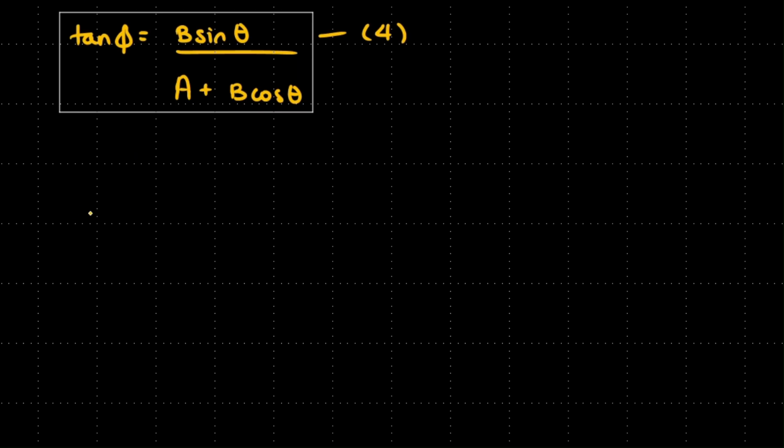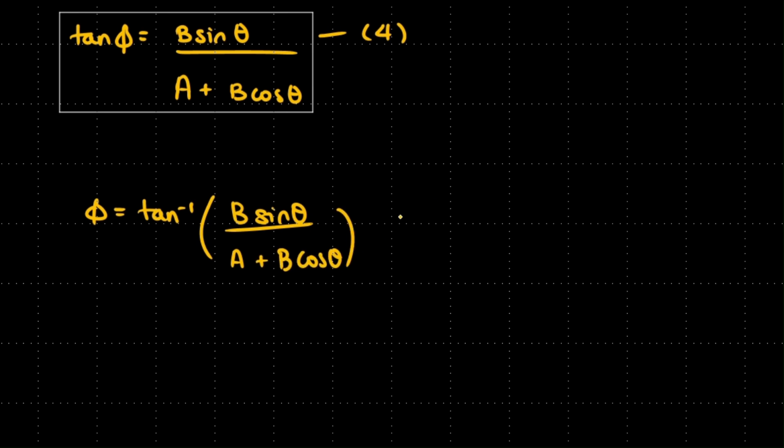The actual final thing that we need is this one. So to find the angle, you would have to use tan inverse of b sine theta by a plus b cos theta. Let's call this equation number 5.